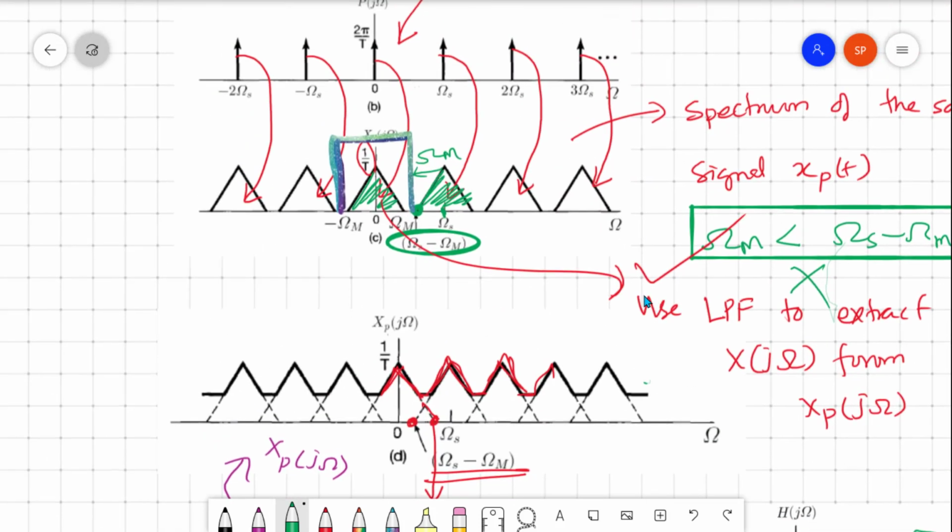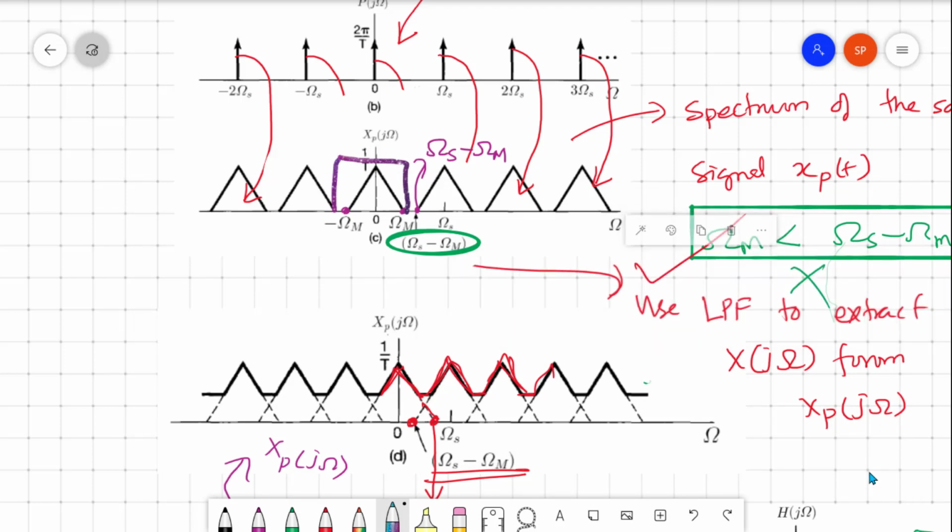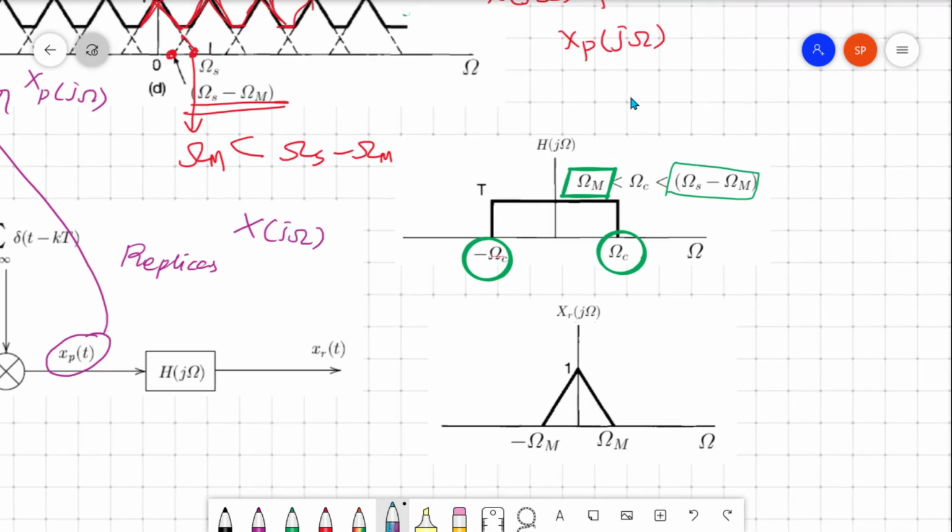I will erase everything and show once again what this means. If you clearly look, you can see the maximum frequency of the spectrum is omega m, and this particular point is nothing but omega s minus omega m. So our filter should fit in between these 2 points, like this, right? Its cutoff frequency should be in between these 2 values.